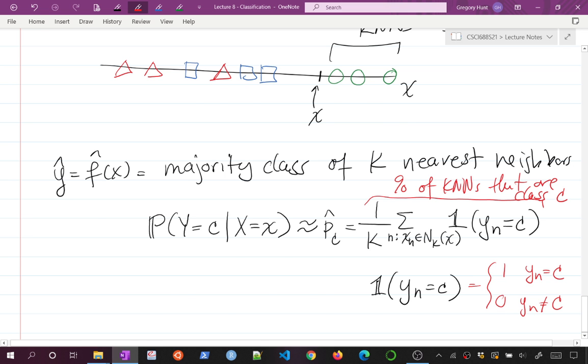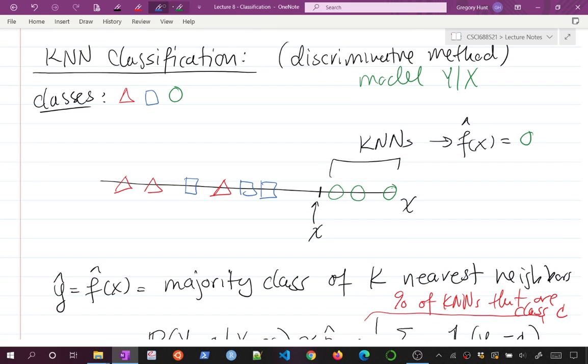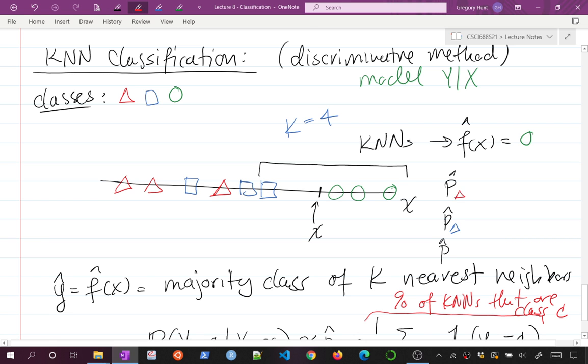So in my example up here, let's say k is equal to 4, in which case my k nearest neighbors would be these 3 green ones and this blue one. What I would effectively calculate is a p hat for my 3 classes: my blue triangle class, red triangle class, blue square, and green circle.